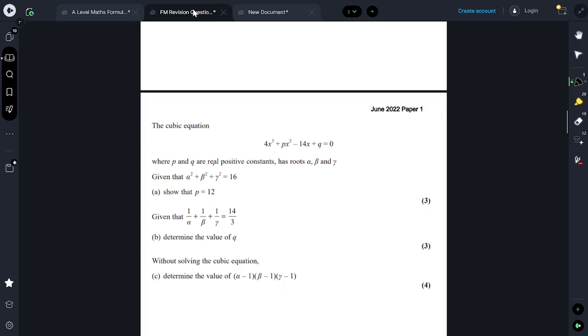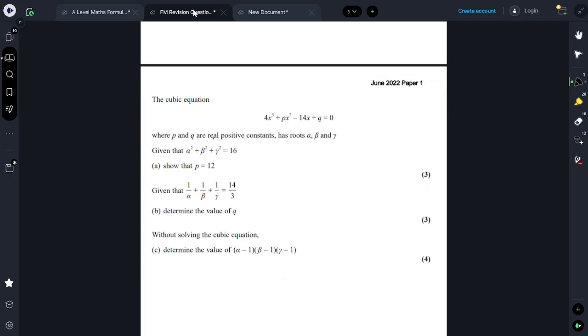We are then told, without solving the cubic equation, which basically means use roots of polynomials again, so use the facts we know, that we need to find this product here, alpha minus 1, beta minus 1, and gamma minus 1, right?